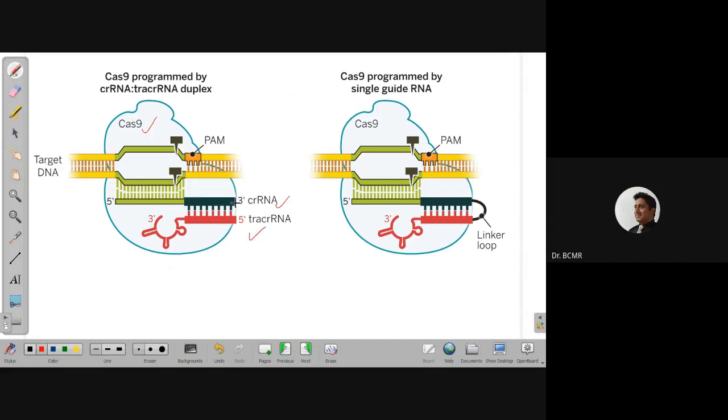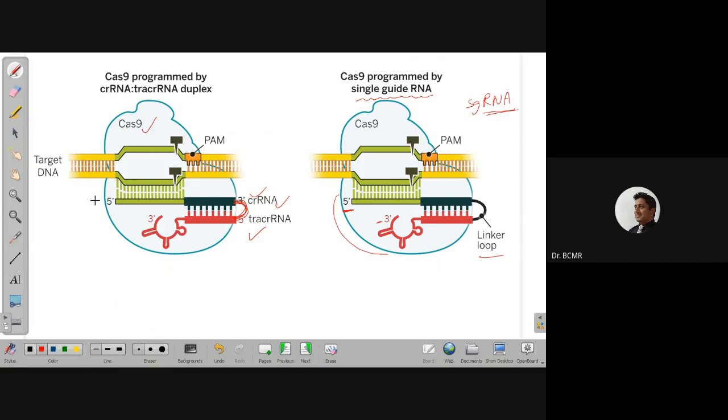So what people have done is, instead of making two different RNAs, they made it a single RNA, sgRNA, single guide RNA. What they basically did was, this is the CRISPR RNA, and they just made it continuous by adding a small linker loop. So it is one single strand from start here to end here.